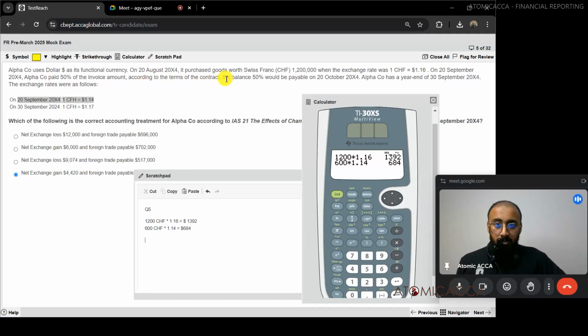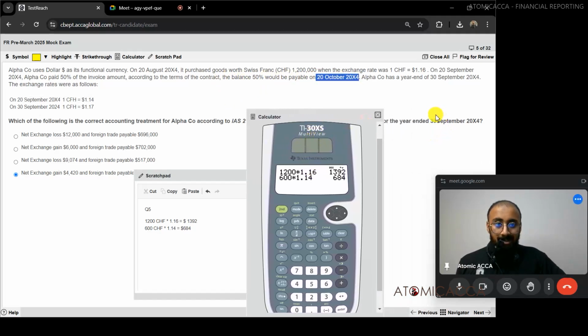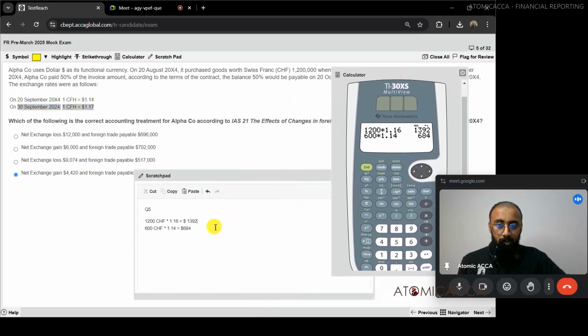Then according to the terms of contract, the balance would be payable by 20th October 20x4. What is the year end? 30th September x4. So they're planning to clear it after the year end. Then Alpha Co has a year end of 30th September x4. Okay. And they've given the closing rate as well. Now what are we supposed to do? If 1200 was the opening, 600 is paid, then by the end of the year there will be 600 CHF pending in the payables amount.